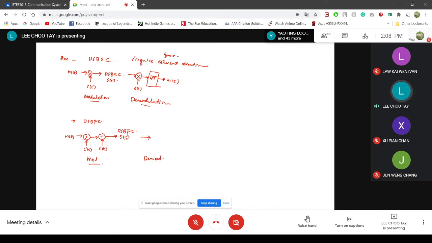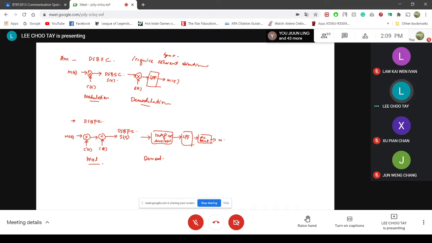At the receiver, we can recover using a rectifier or envelope detector. Then we go through low pass filtering, and then through a DC blocker, which is basically a capacitor.